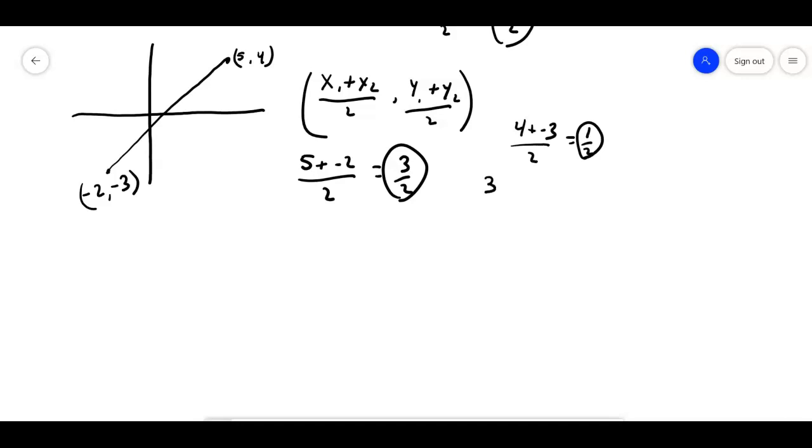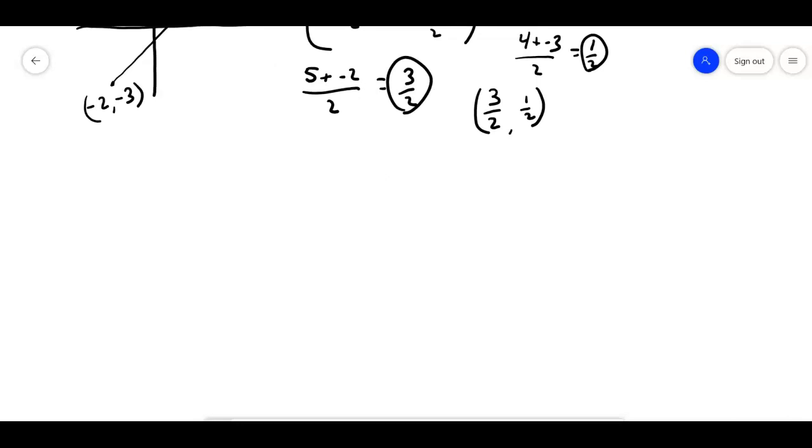And so the answer is a point. So it's (3/2, 1/2). So 1.5 and a half. It's kind of hard to see where it'd be, maybe somewhere right around here. But basically that's what you do. You just add the x's, divide by 2, add the y's, and divide by 2.